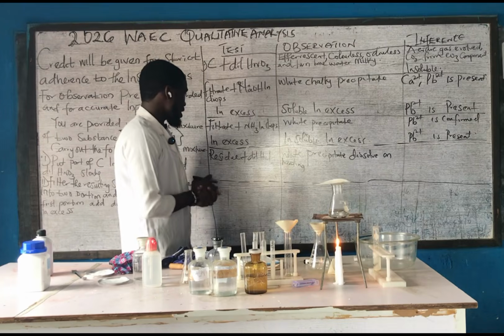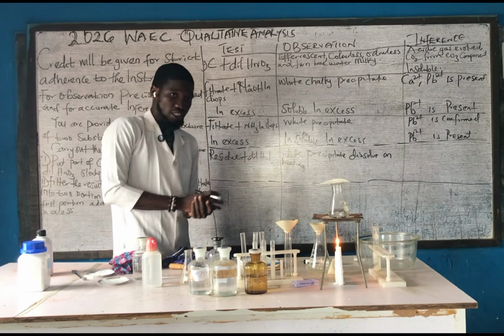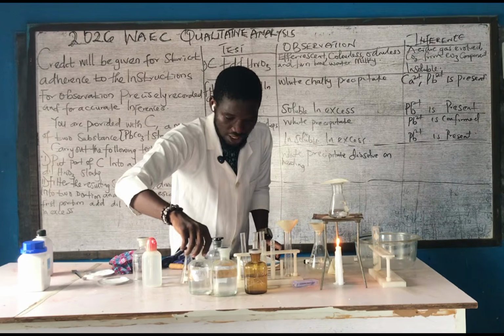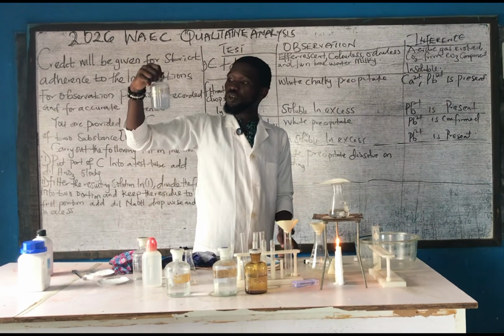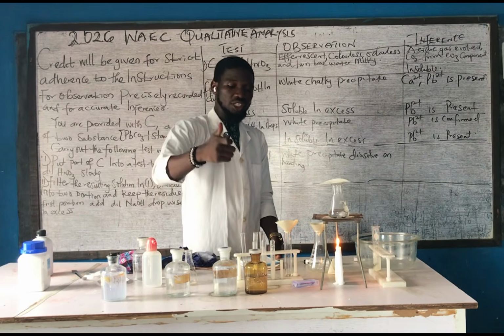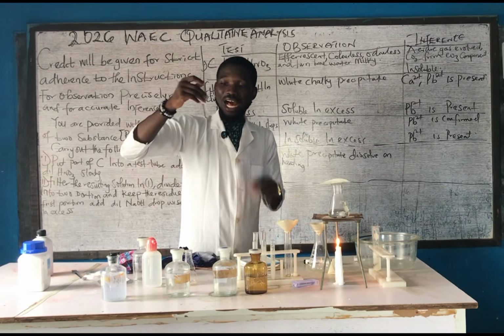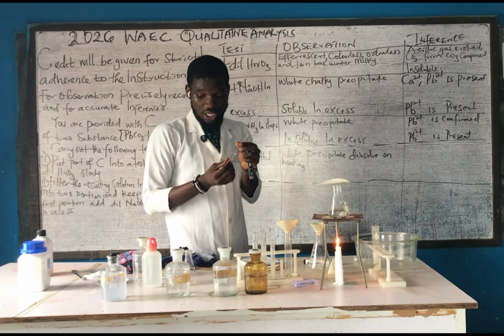Sodium hydroxide is there, ammonia is there, HCl is there, and don't forget I said when we make use of this AgNO3, what we have is a clear solution, like when we add the filtrate and HCl together.